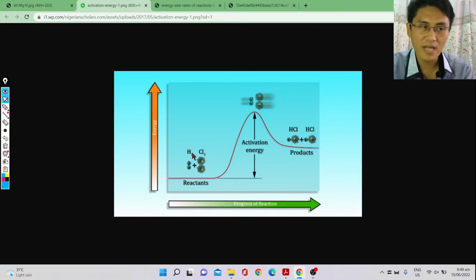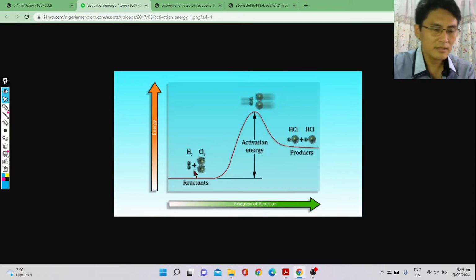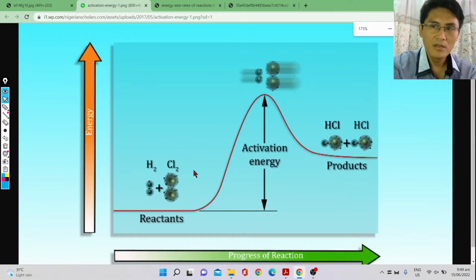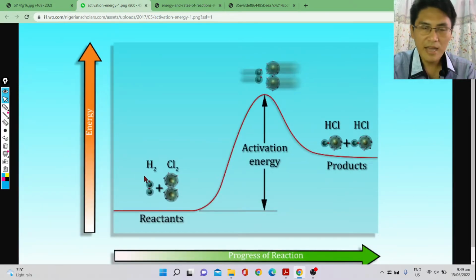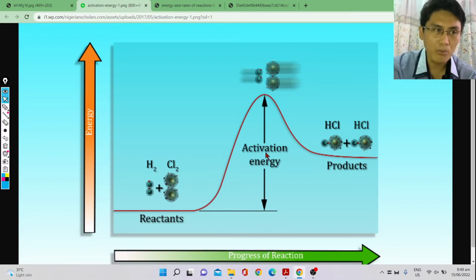So in this case, for example, hydrogen gas, let me zoom this in. Hydrogen gas and chlorine gas are the reactants. They can form the products, but only if you supply an activation energy to it. And why do we require an activation energy? Because that energy is used to, number one, break the bonds of the reactants: break the bond between H and H, break the bond between Cl and Cl.